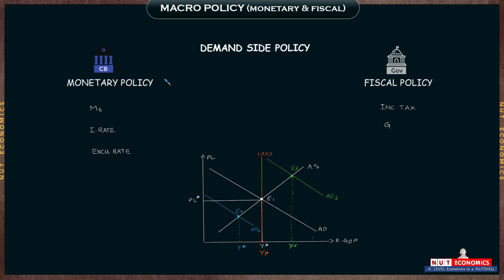So both fiscal and monetary policy, remember, are known as demand side policies because they both try to manage and control the country's aggregate demand. The difference: monetary policy is controlled by the central bank, and these are the three tools that monetary policy uses to control aggregate demand, whereas fiscal policy, again, is an attempt to manage the country's aggregate demand, but it is controlled by the government, and the two tools with which the government controls aggregate demand are income tax and government spending.